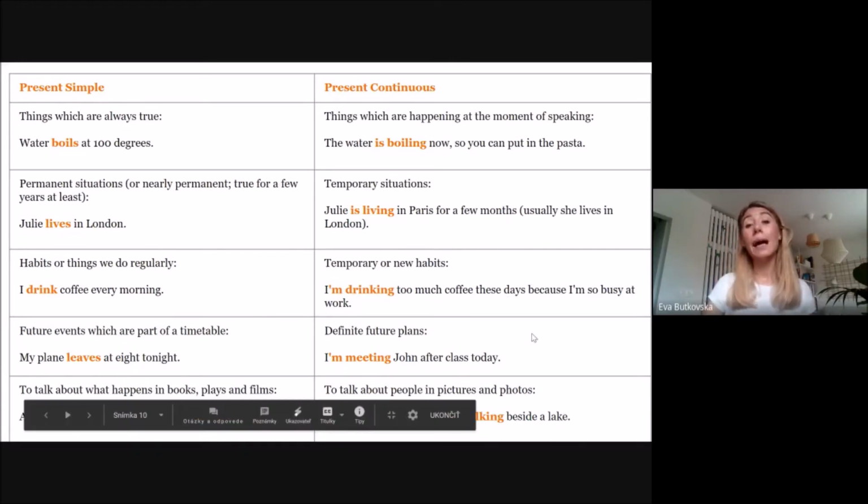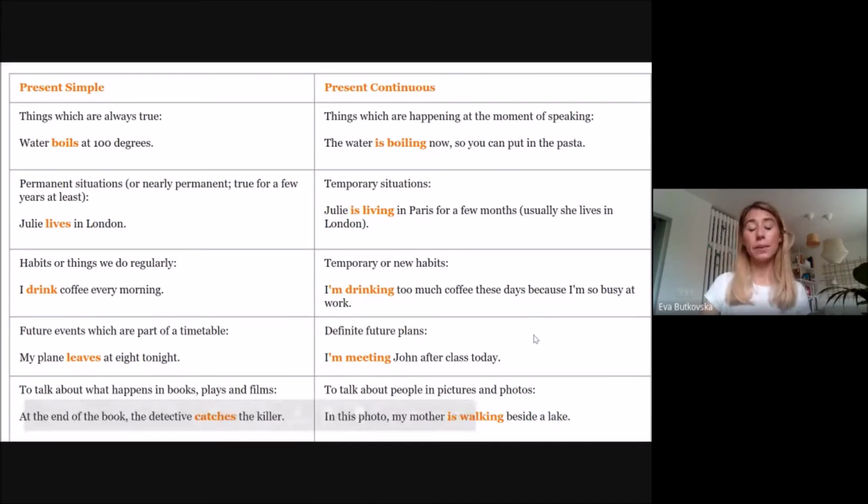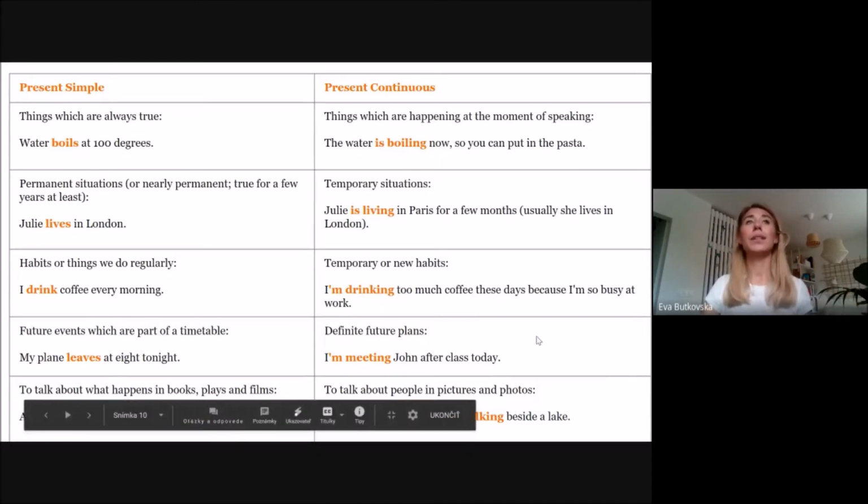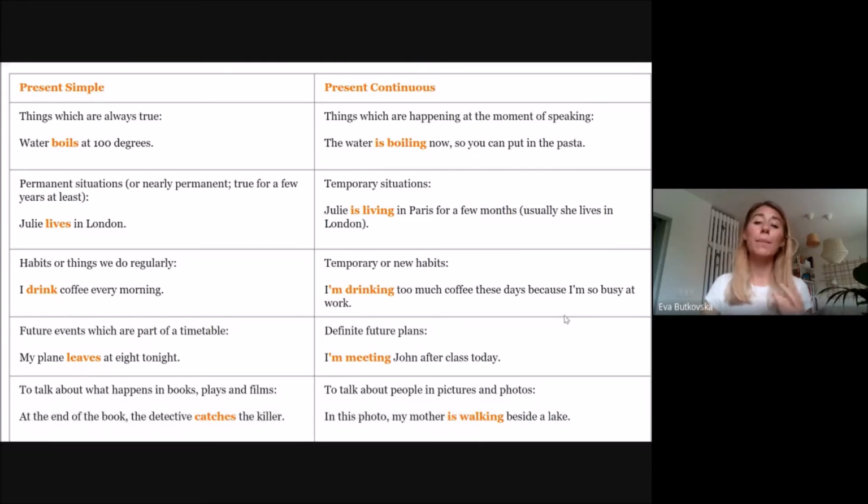When talking about habits, we use present simple. I drink coffee every morning. I drive to work every day. We could say present continuous is for new habits or temporary habits, but really focus on habits and regular things to use present simple.